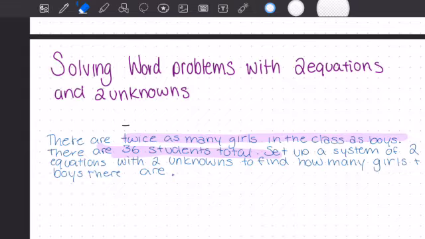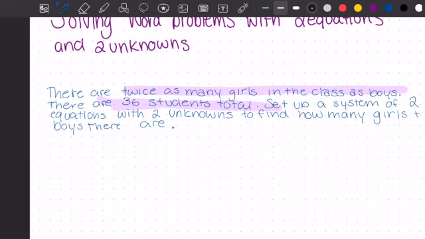Okay, so it's the same question we did yesterday when we wrote the formula out. So there are twice as many girls in the class as boys, and there are 36 students total. Set up a system of 2 equations with 2 unknowns to find how many girls and how many boys there are. So our first piece of information was this part highlighted up at the top here.